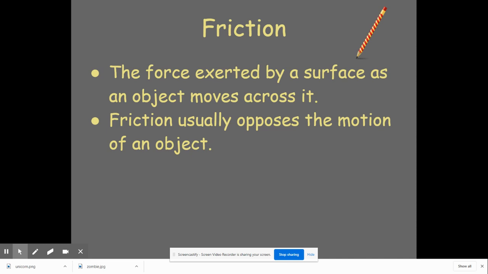Almost always, guys, friction for us is going to be opposite the direction of the motion of an object. There are some exceptions to that. We tend to not use those too much in middle school. So for right now, we're just going to say friction is usually going opposite the motion of an object.